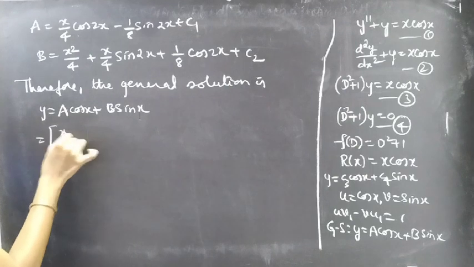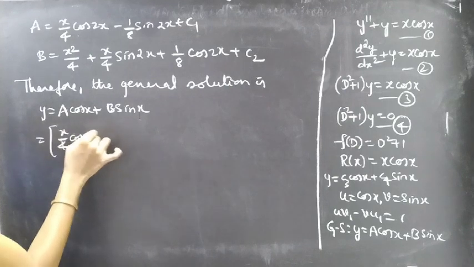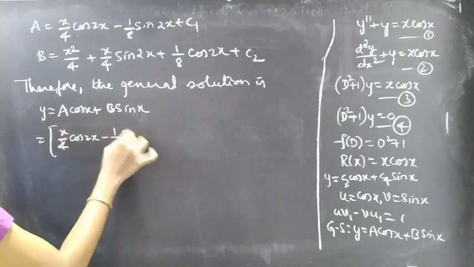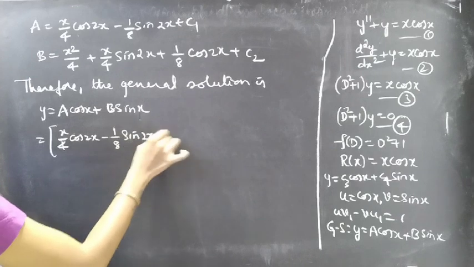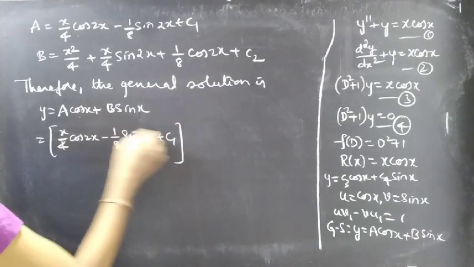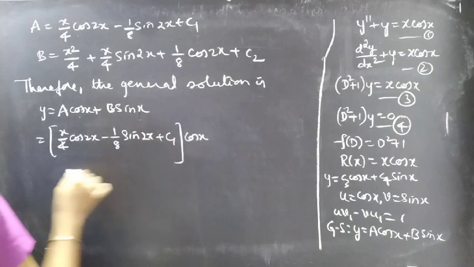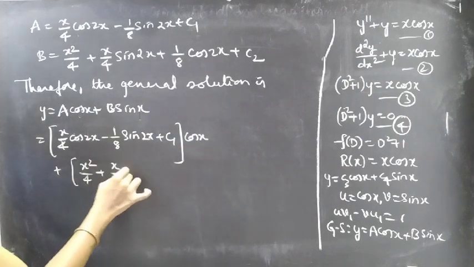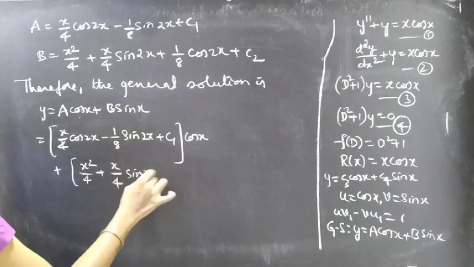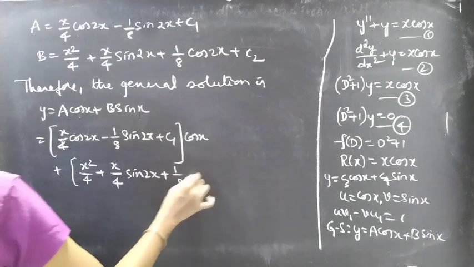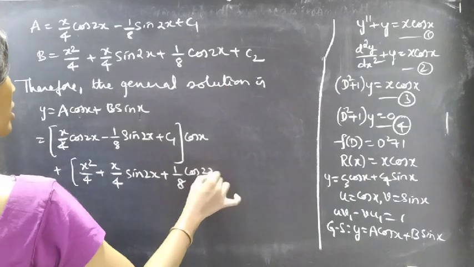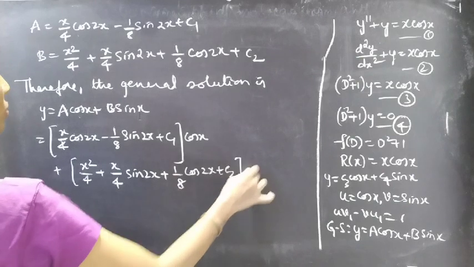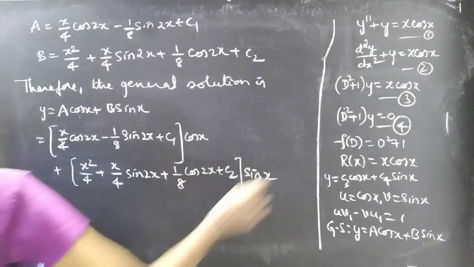We have A, x by 4 cos 2x minus 1 by 8 sin 2x plus C1 into cos x plus B, x squared by 4 plus x by 4 sin 2x plus 1 by 8 cos 2x plus C2 into sin x.